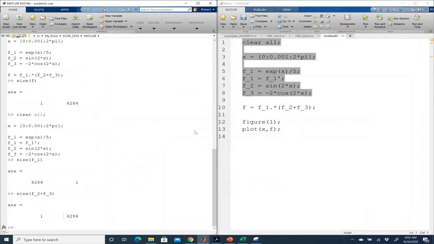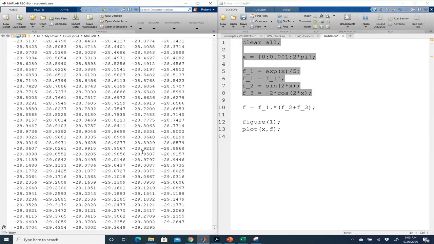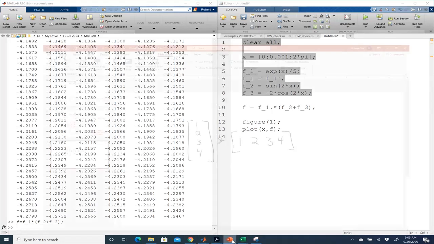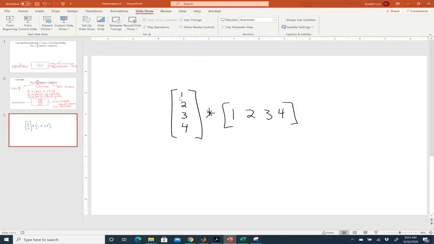So let's say I do F1 times F2 plus F3. Now it does something, and notice it actually did something pretty crazy. Let's watch that. That operation can be performed. Again, if you know your linear algebra, I can do row times column and row times column. In this particular case, this ends up being a 4 by 4 matrix.